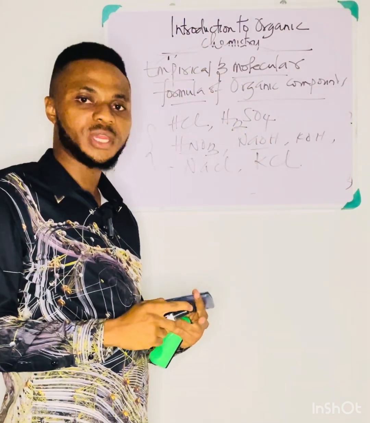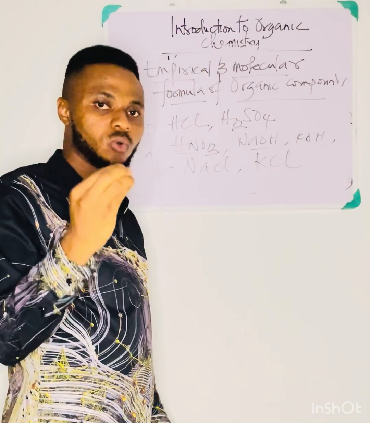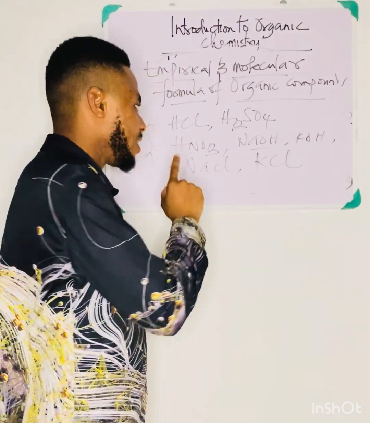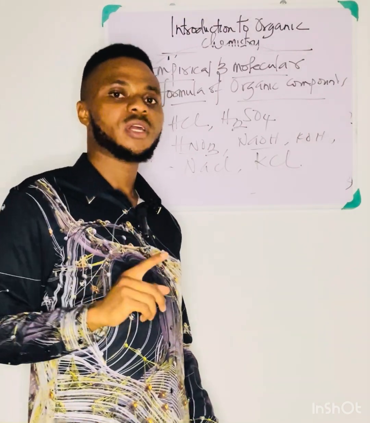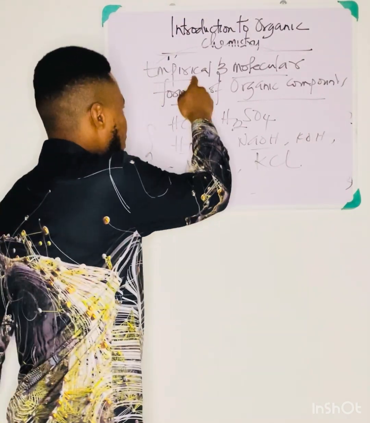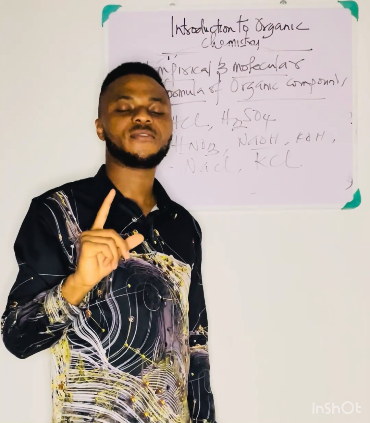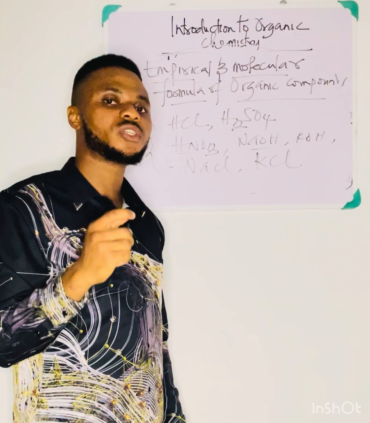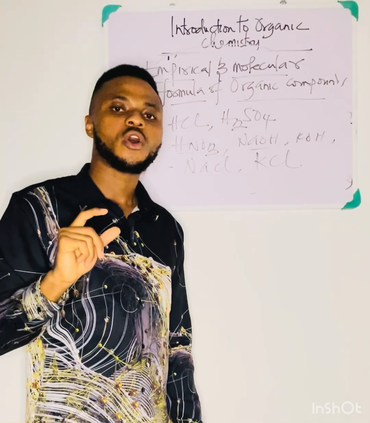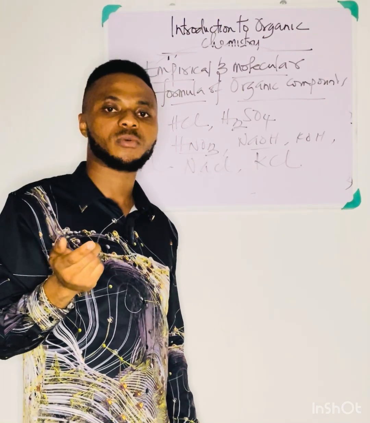So how do we come to a good understanding of organic compounds through empirical and molecular formula? The first thing we must know is that the empirical formula of a compound is the formula which consists of the simplest mole ratio of the constituent elements in that compound.